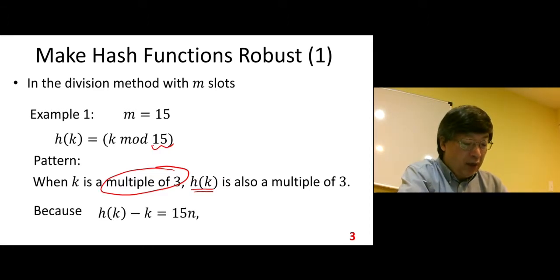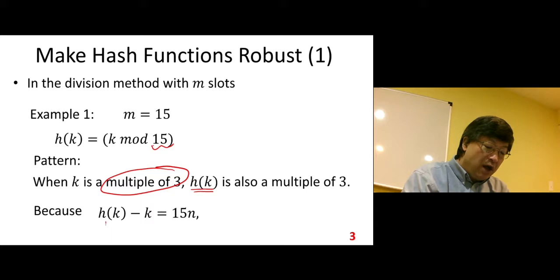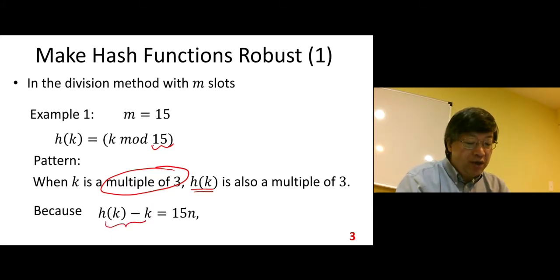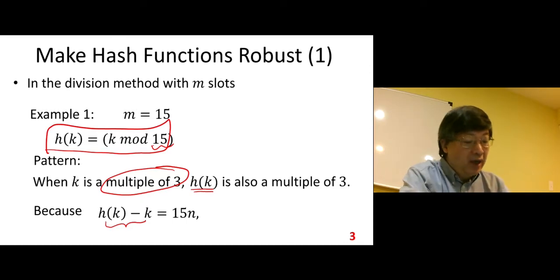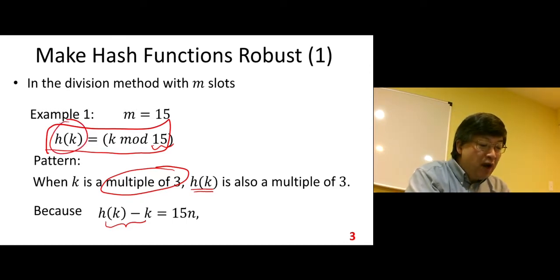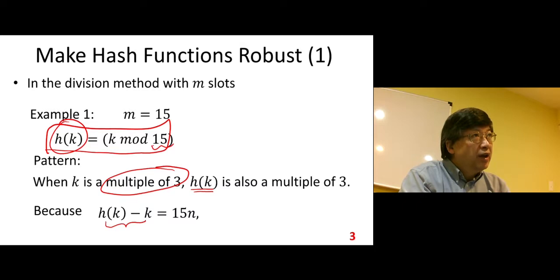Because the difference of the hash function value and the original key should be 15 times some integer n. Look at this operation, the division method. This hash function value is basically the remainder when you do division.